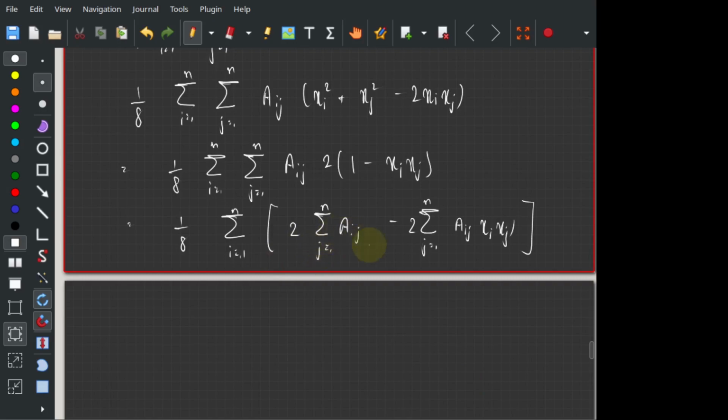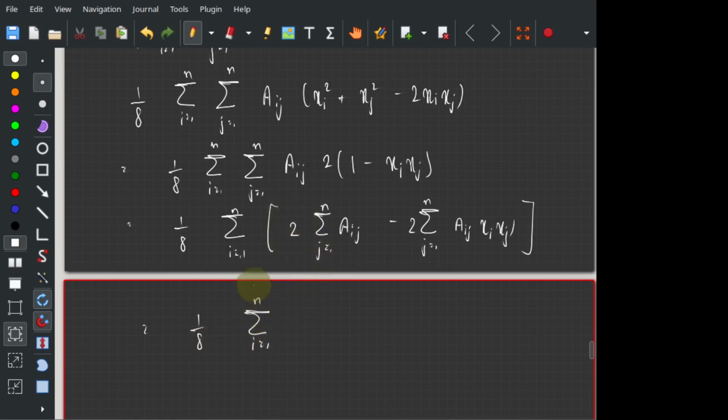So for a given i, what is summation j equal to 1 to n aij going to be equal to? Correct. It's the total number of edges which are leaving vertex i, and this is called the degree of vertex i. So this is 1/8 summation i equal to 1 to n.